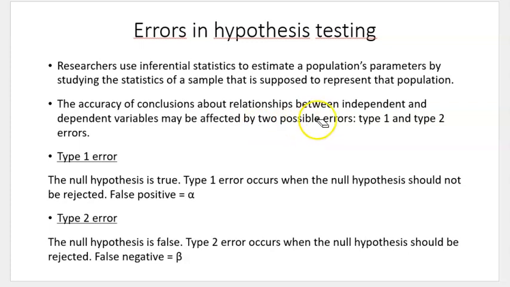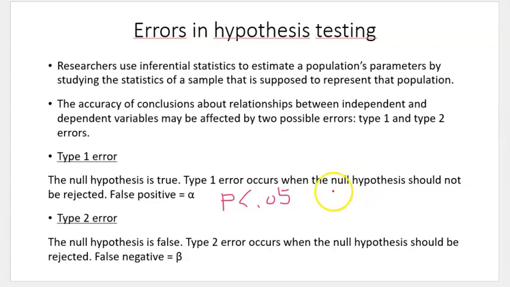But even though you obtain a p-value less than 0.05, it can always be an error. So type 1 error means that even though your p-value is less than 0.05, so I will write here, p-value is less than 0.05, that means you will accept your alternative hypothesis and the null hypothesis will be rejected.